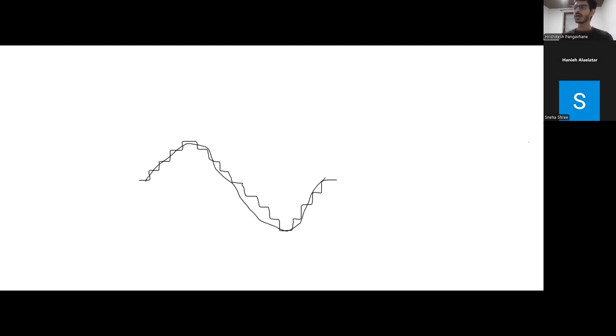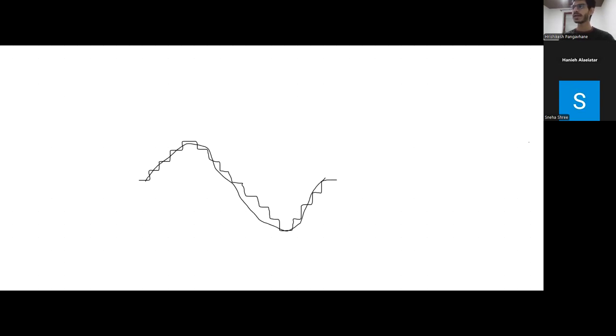This is what we said. So what we are technically doing over here is averaging the curve, right? At each and every step, we are averaging the curve and taking the average value. And what is the basic assumption we considered while drawing the curve?